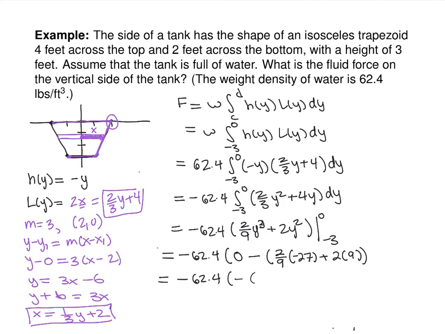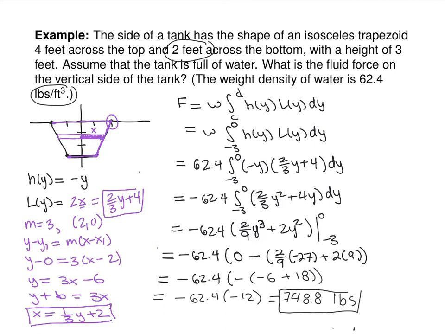So -6 plus 18. So that's -62.4 multiplied by -12, which gives us finally 748.8. And since we're talking about feet, and we used pounds per cubic foot, this will have units of pounds.